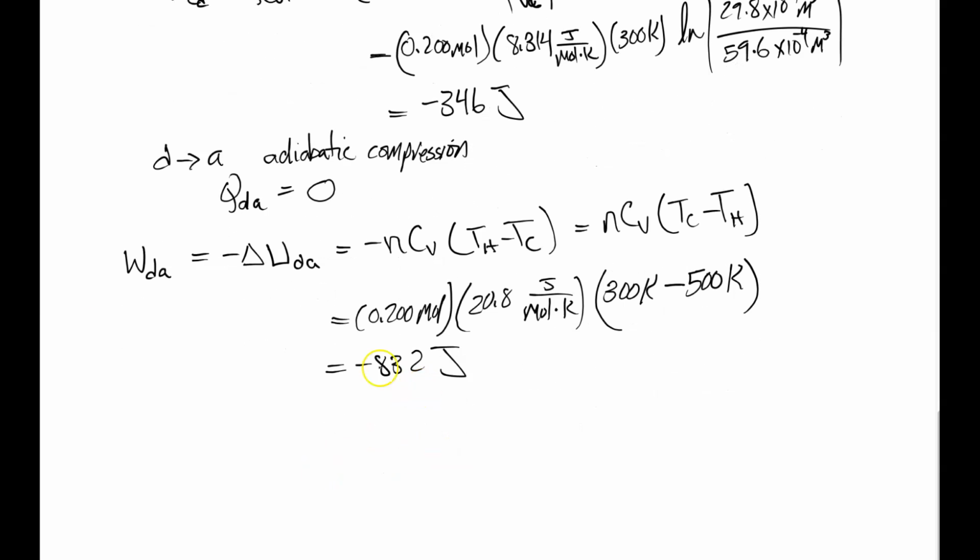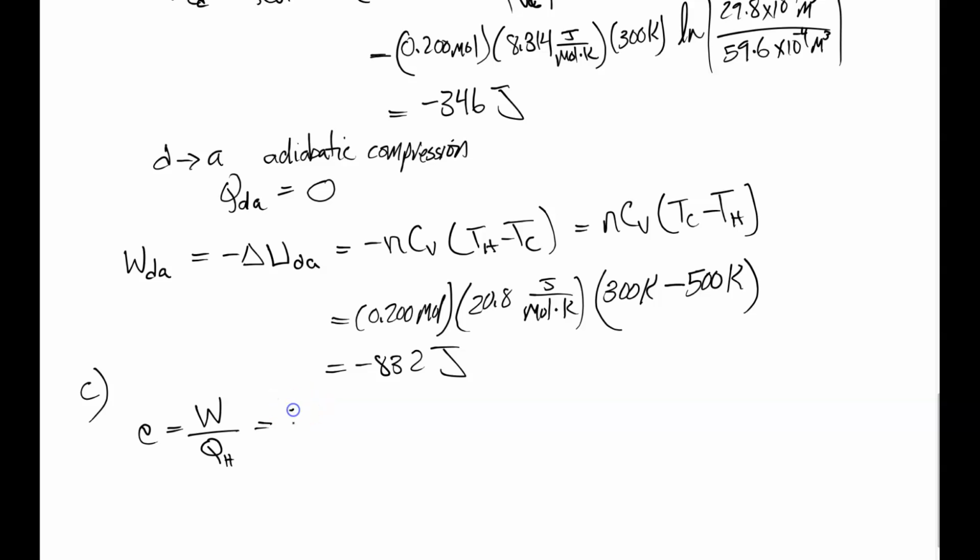For part C, we're asked for the efficiency directly from the results from part B. So we can say the efficiency equals the work over the heat at the high reservoir.